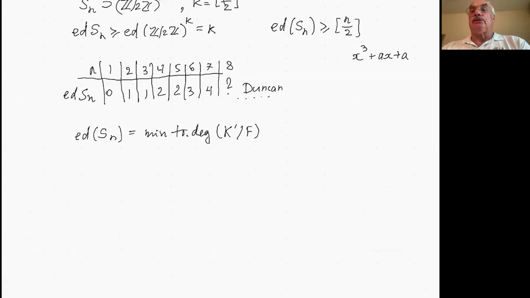K prime is an intermediate field between F and the field of rational functions in n variables. x1, x2, ..., xn are variables, and the symmetric group acts on that field by permuting the variables, and the intermediate field K prime should be G-invariant, and G acts faithfully.